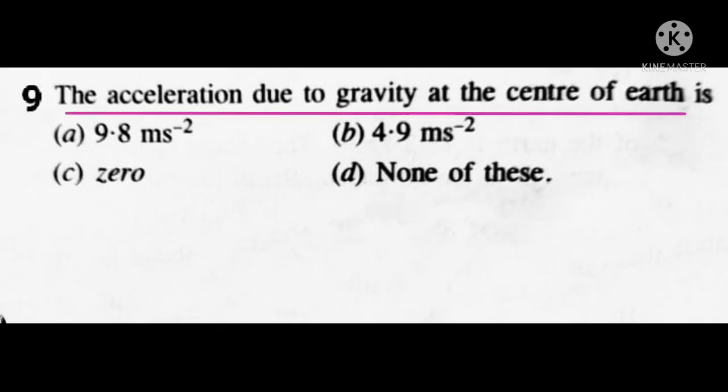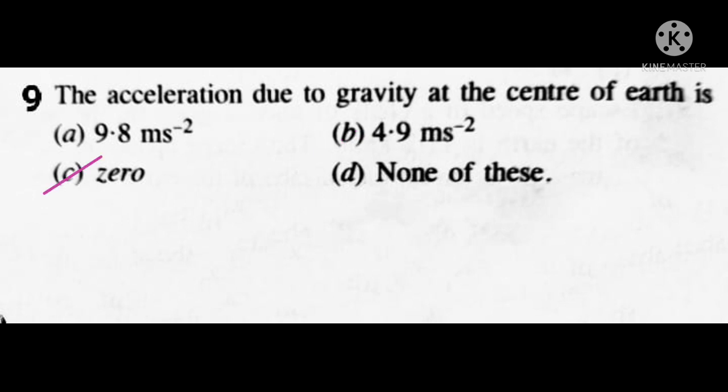Question number 9. The acceleration due to gravity at the center of Earth is: A option 9.8 meter per second square, B option 4.9 meter per second square, C option 0, and D option none of these. We know that on the surface of Earth at the pole the value of g is maximum.